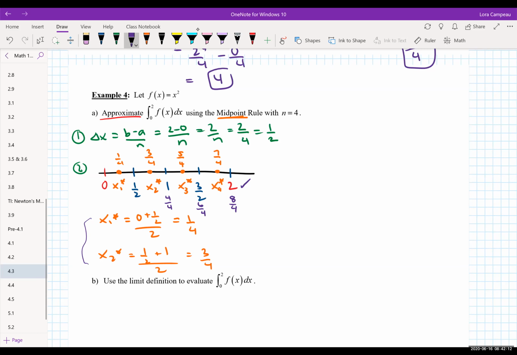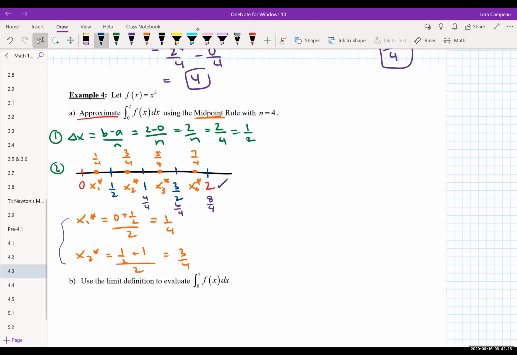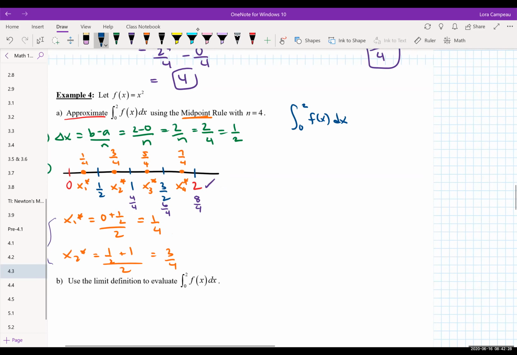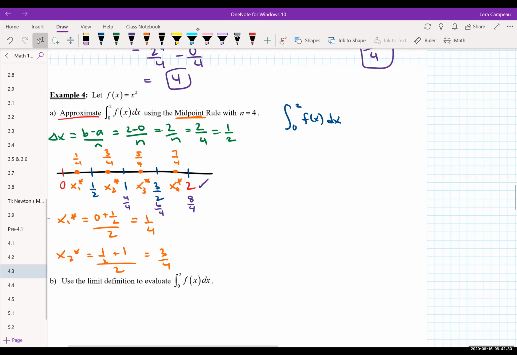But now, once you understand what these are, when you approximate the integral, now we're looking at the integral from 0 to 2 of our f of x dx. Remember with the midpoint rule, what they would tell us to do is say that's equal to delta x times your function evaluated at all these points.